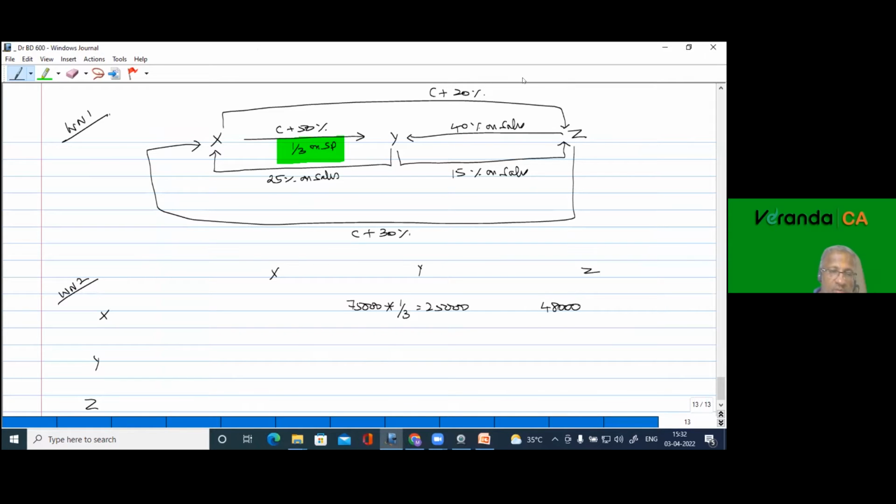Cost plus 20% is equal to 1/6 on selling price. 1/6 on selling price, which is equal to 8,000.